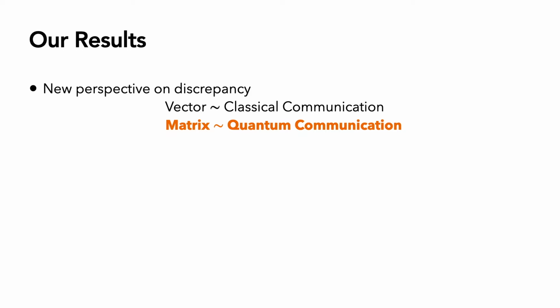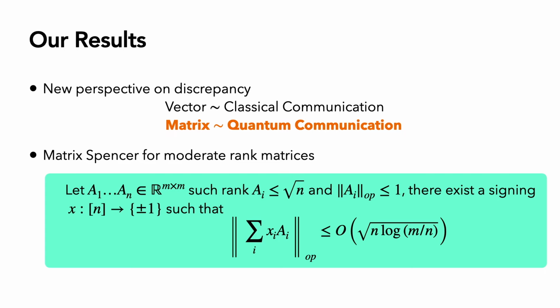Now we'll discuss our results. We establish a new perspective on discrepancy. We show that there's an interesting connection between discrepancy and communication complexity. Under this connection, vector discrepancy corresponds to classical communication complexity, and matrix discrepancy corresponds to quantum communication complexity. Using this connection, we resolve the matrix Spencer conjecture for matrices up to rank square root of n.